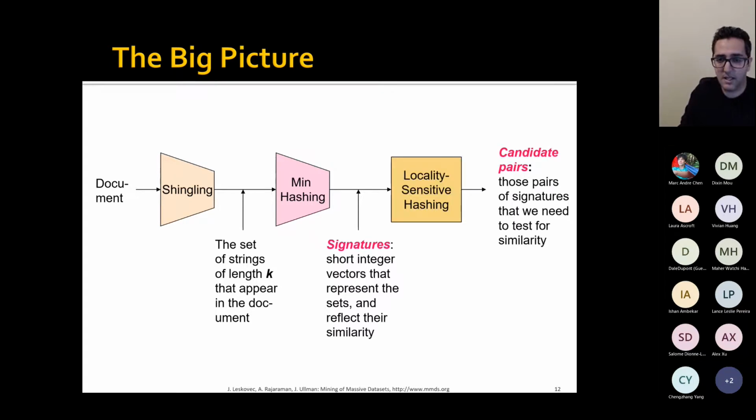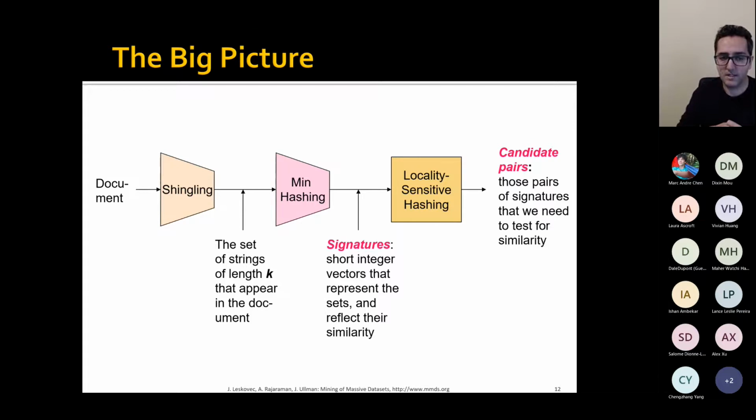And finally, in the last step, called locality sensitive hashing, we find candidate pairs. Okay, so this is an estimation algorithm. So it doesn't tell you for sure if these are similar, but it offers you candidate pairs that are similar with a very high probability.